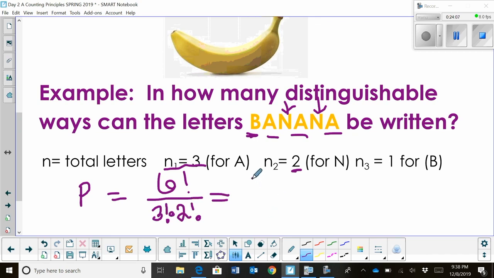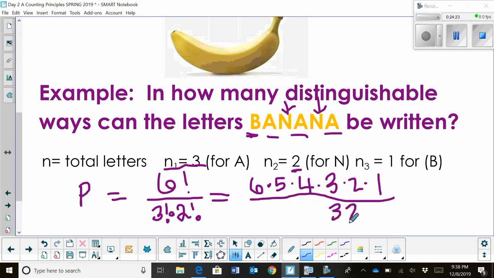So I'm going to write the entire sequence down. So I've got 6 times 5 times 4 times 3 times 2 times 1. And I'm going to divide that by 3 factorial, which is just 3 times 2 times 1. And I'm going to write it under there because I know those can cancel.